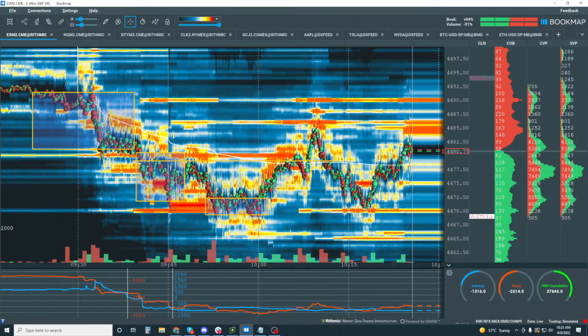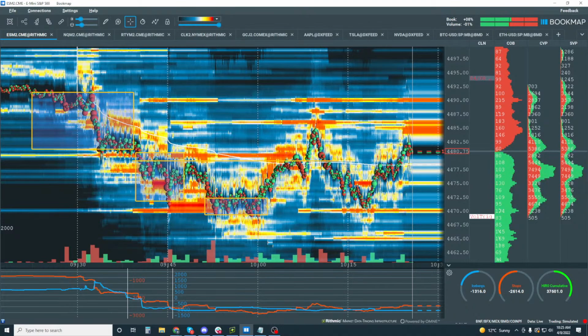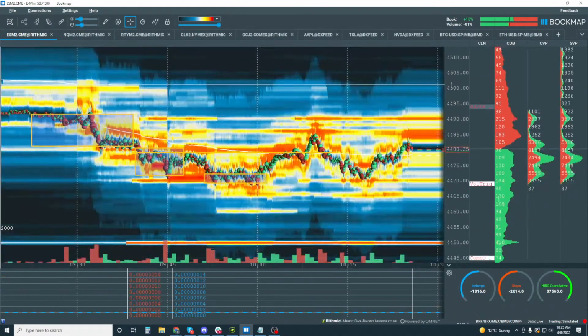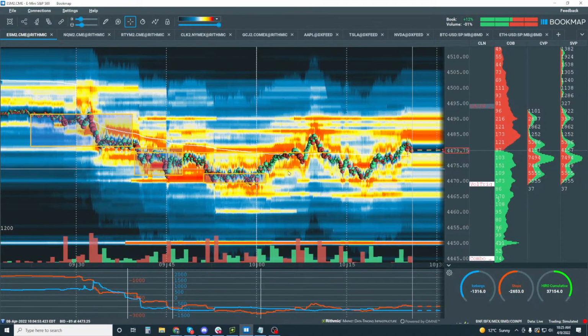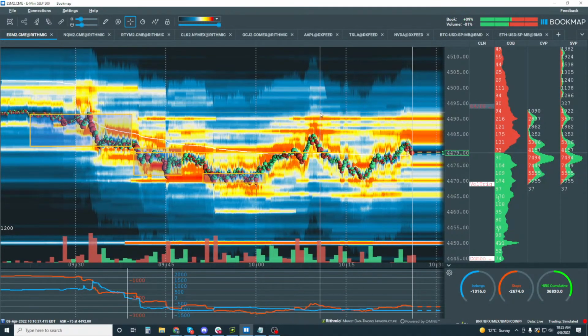Oh, you're talking more about settings on VWAP here. Yeah, I have it reset here. You can see the reset. It was up here, and then it reset at 9:30, cash open. I know you're not supposed to do that, but I don't have data for the entire session.